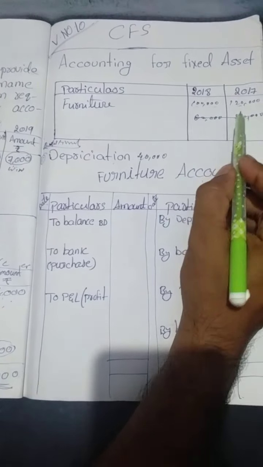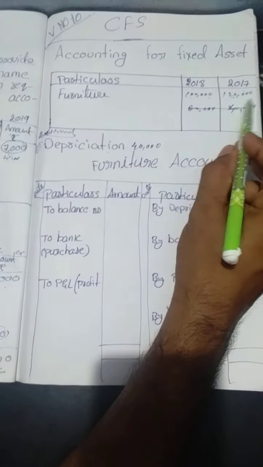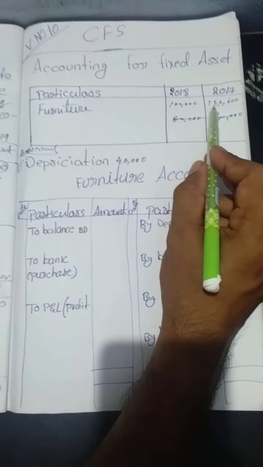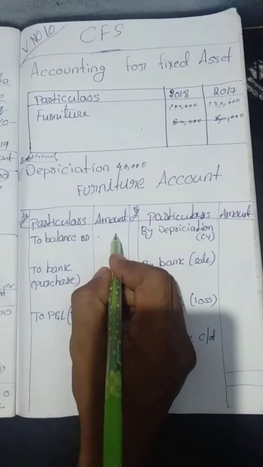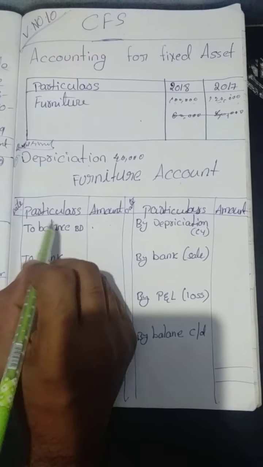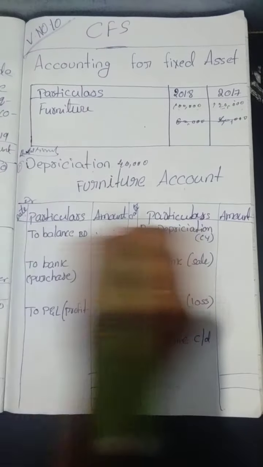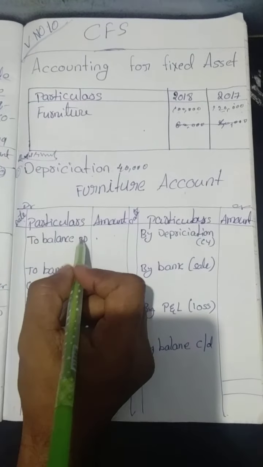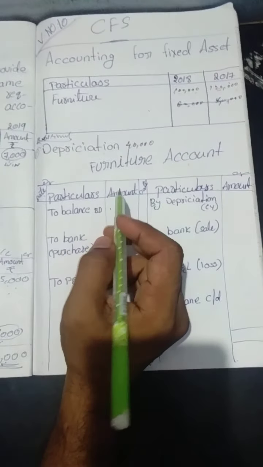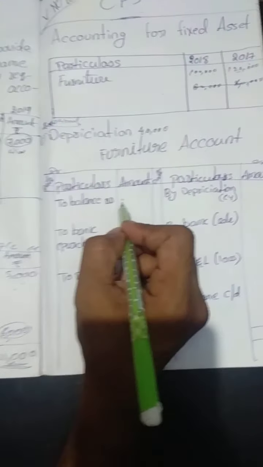Here the previous year's or base year's amount, 1,20,000, we will mention on the debit side. Why on the debit side? Because all assets, especially fixed assets, have a debit balance.